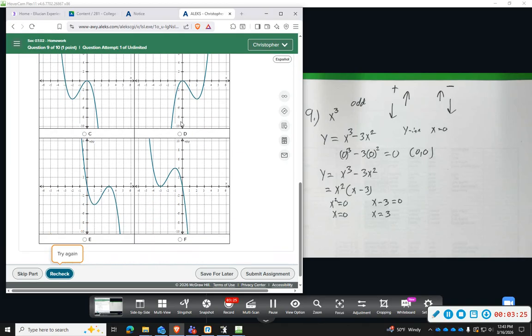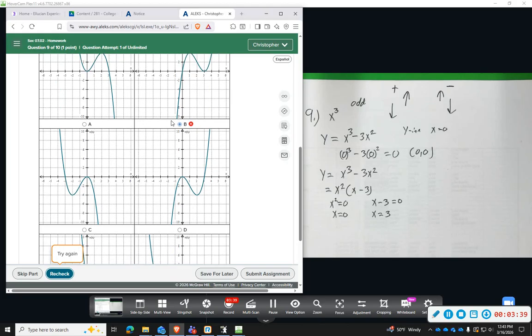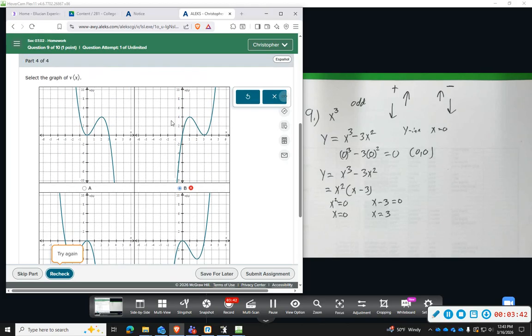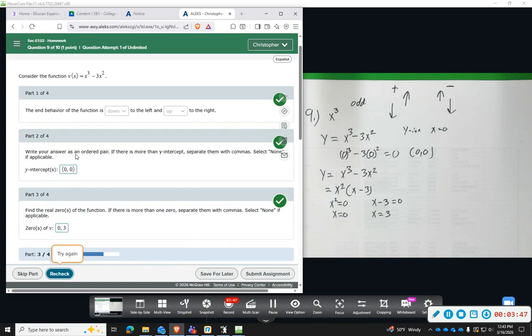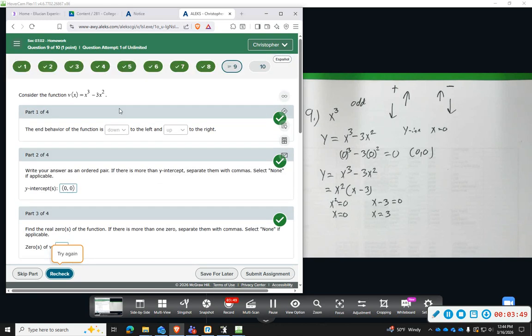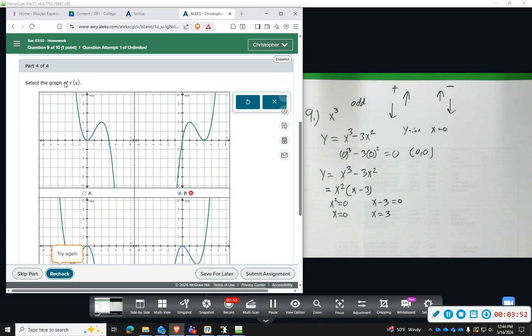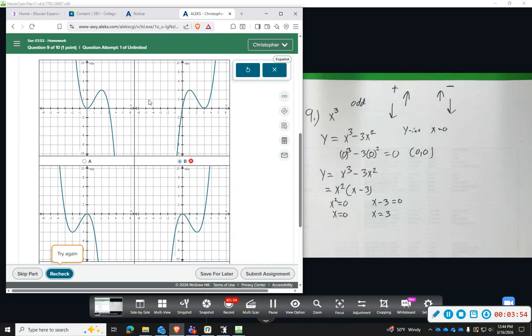Okay, they don't like it. Let me see, what else are we looking at? Positive 3 and 0. That looks good. It is positive. Select the graph of v of x. It should touch at 0.